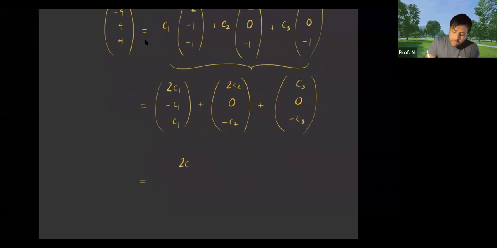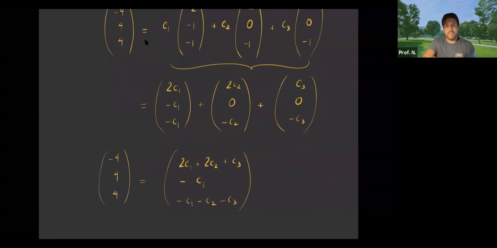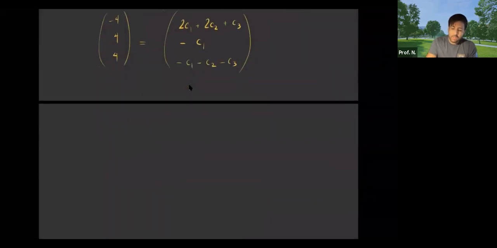So this becomes 2C1 plus 2C2 plus C3, negative C1, and negative C1 minus C2 minus C3. This equals negative 4, 4, 4. A system of equations, that is right. So in reality, negative 4 equals 2C1 plus 2C2 plus C3, 4 equals negative C1, and 4 equals negative C1 minus C2 minus C3.